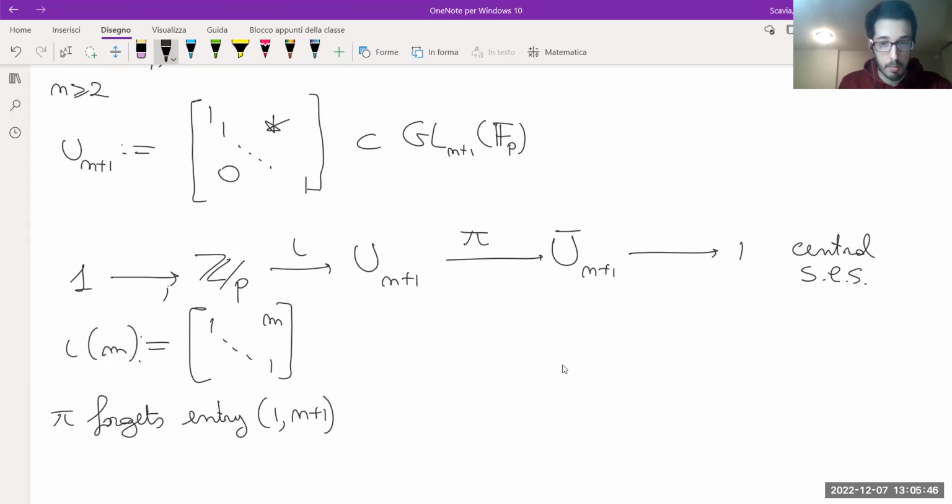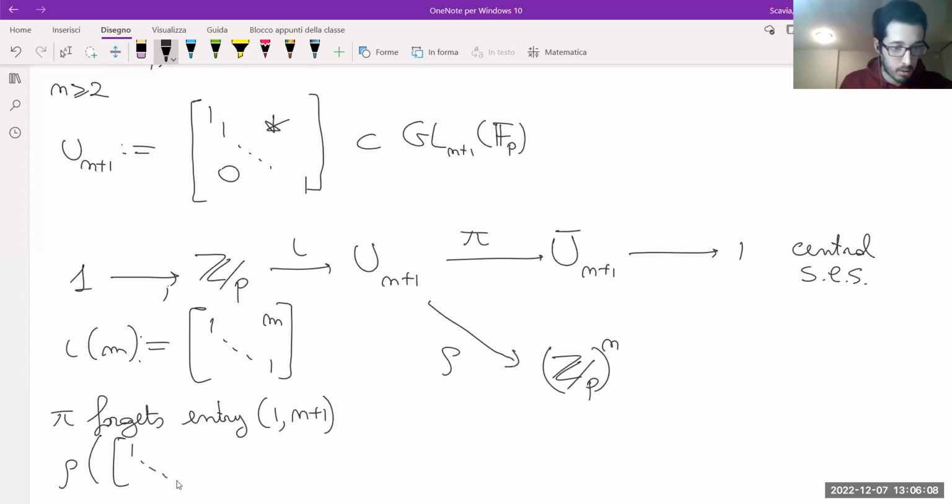And also we need another piece of this diagram. We take Z mod p to the n. So here it's U n plus 1, but I take Z mod p to the n. There is a map here, rho, a homomorphism. Rho sends a unitriangular matrix, say with first upper diagonal a1 through an, to simply a1 through an.